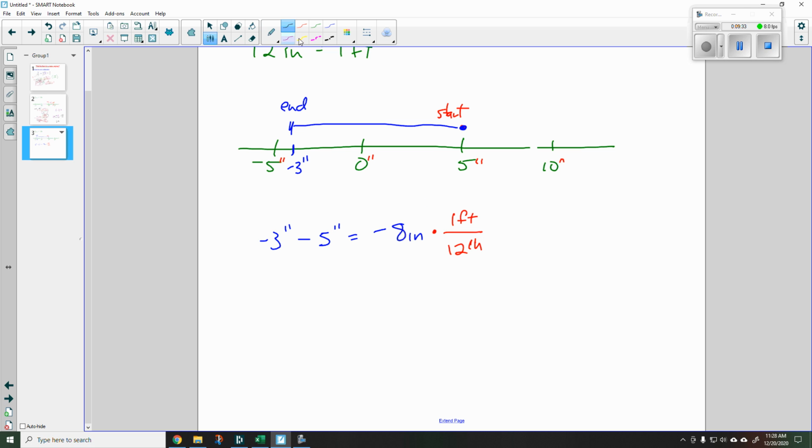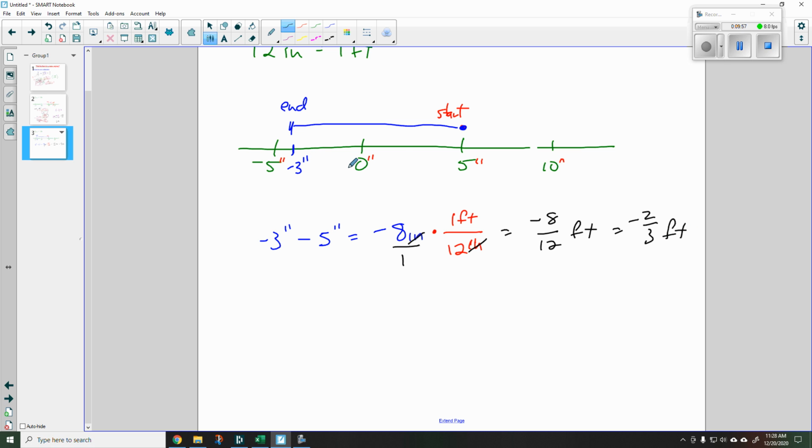So once again, my inches cancel out, because this is the same thing as 8 over 1. And what I'm left with is -8 over 12 feet. So that is, divide by 4, that is, I've gone -2/3 of a foot.